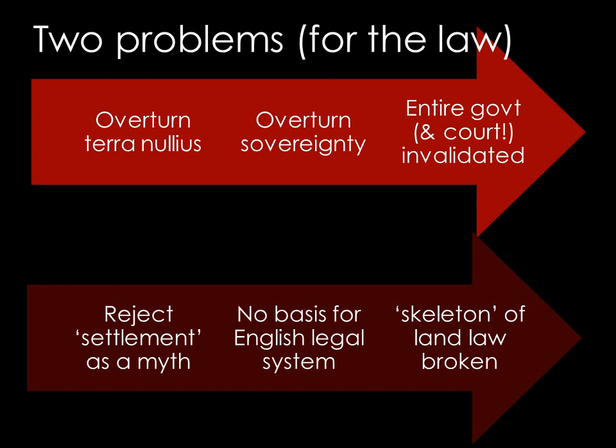The second option, I guess, was to reject this idea of settlement, to say that in fact the land was inhabited. It was not uninhabited land, and therefore you did not settle the land. This was a myth. That there was some other basis on which the English claimed their sovereignty, but also importantly some other basis on which the legal system was either imported or that there should be recognition of the underlying legal system.